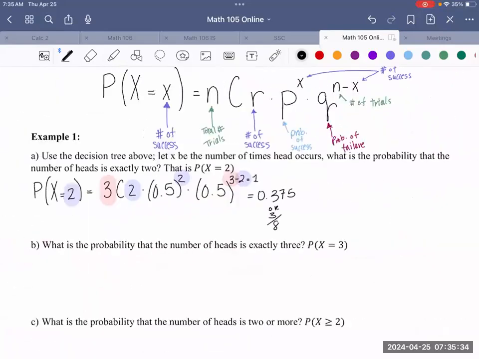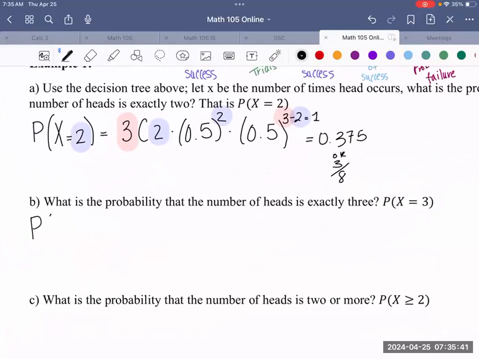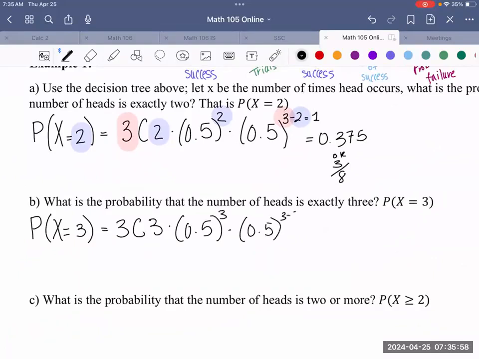So then what's the probability that the number of heads is exactly 3? Well, exactly 3. Let's try it again, and I encourage you to pause the video. So 3 choose 2. Nope, 3 choose 3, 0.5 to the third times 0.5. 3 minus 3 is 0. And no, that does not make this 0. It actually makes it 1. And this choice, anytime it's to itself, is also 1.